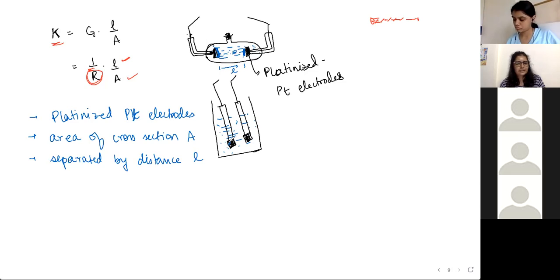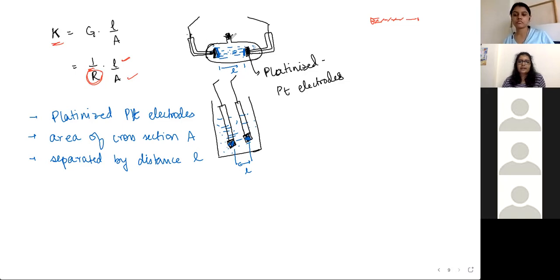Again, area of cross section is the whole area of the electrodes, the whole cross section available for the electrolyte to pass current through. And the length that the electrons or ions will have to travel is from one electrode to the other, so the distance of separation between them is L. So this is the cell setup for the conductivity cell.